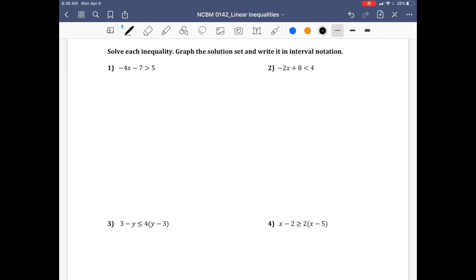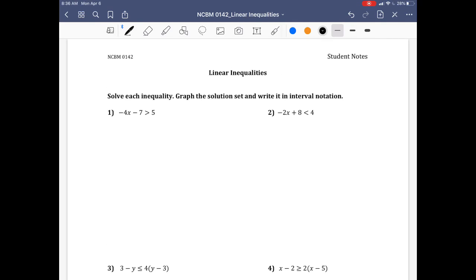So we have negative 4x minus 7 is greater than 5. Before we continue, remember that this is greater than, and this is less than. On the number line these are represented with parentheses because they don't have an equal sign.